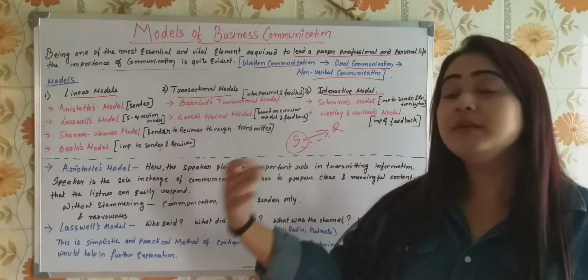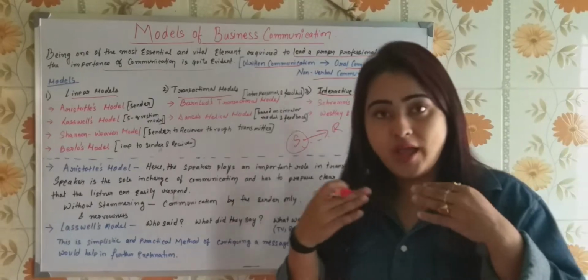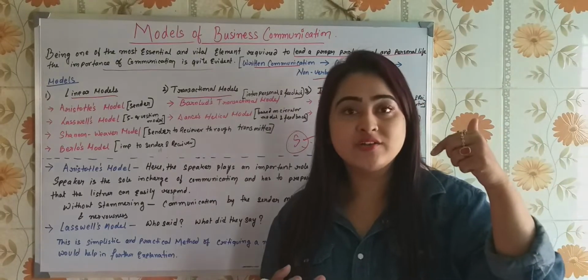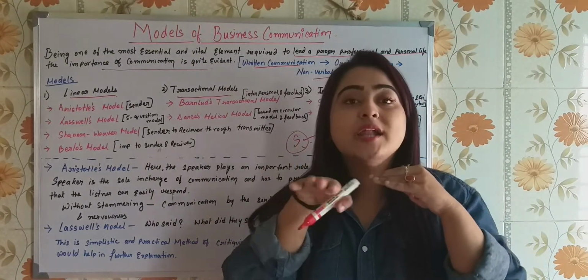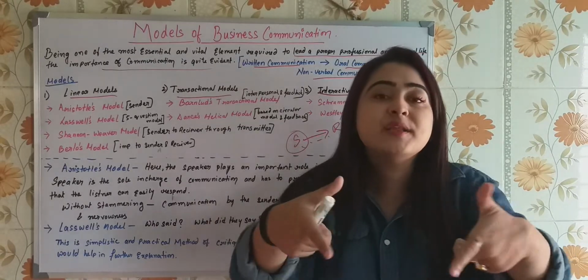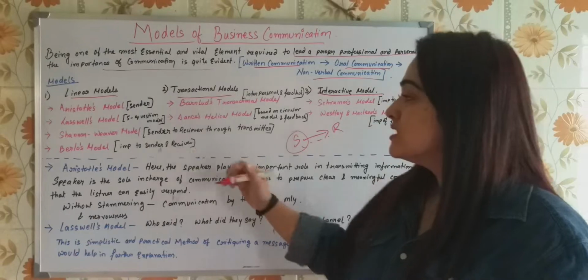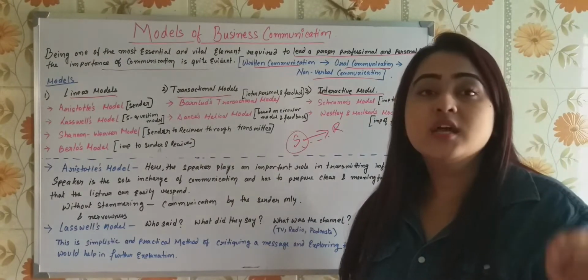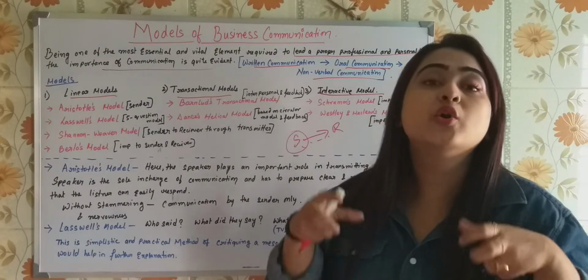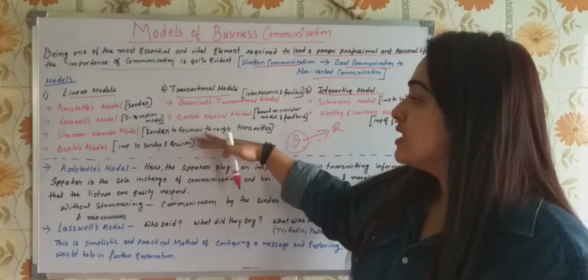I am explaining it to you and you are sitting on the other side of the channel, right? So YouTube is the transmitter, the internet is the transmitter. So this plays a more important role. Next is Berlo's model. In Berlo's model, both the sender and the receiver play an important role. So that's Berlo's model.